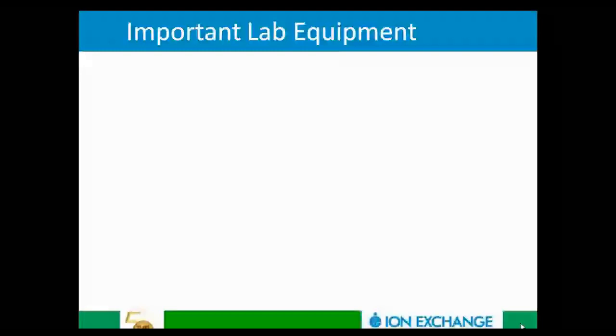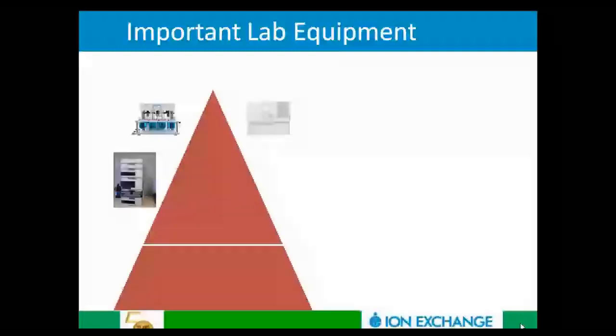These results are generated by different instruments in the laboratory, which are often considered instruments of high importance because they produce results. An HPLC, or high performance liquid chromatography, an RT-PCR, real time PCR, or an ICP-MS, these high end instruments generate results.